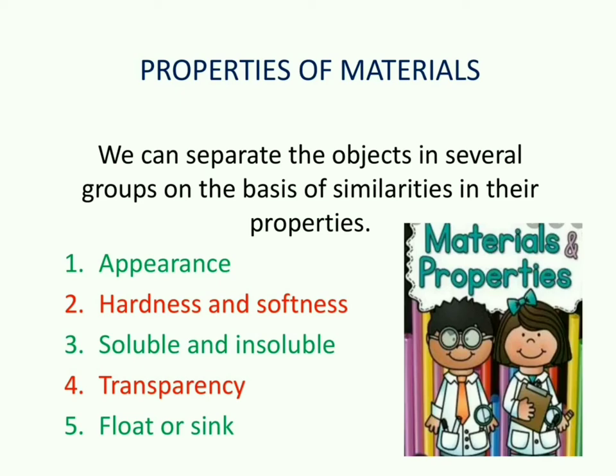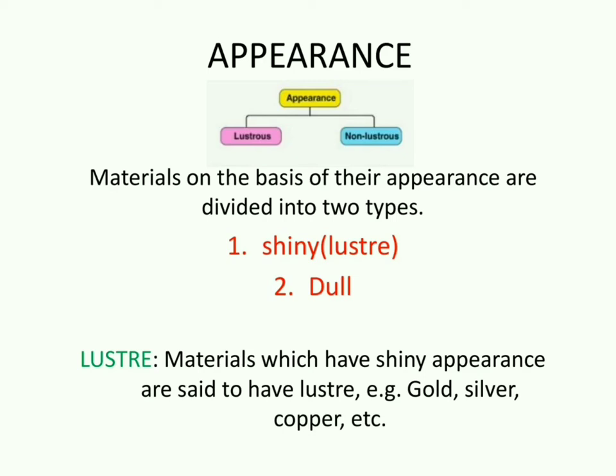So we choose a material to make an object depending on its property. We can separate materials on the basis of their properties like appearance, hardness and softness, soluble and insoluble, transparency, or float or sink.